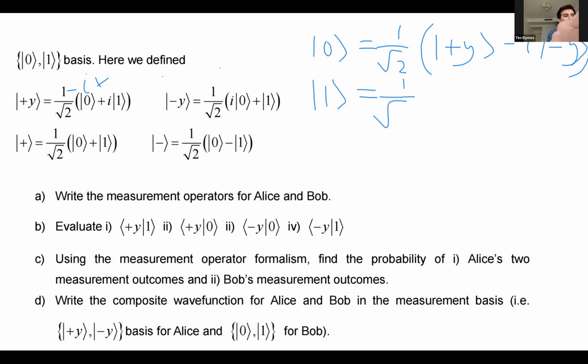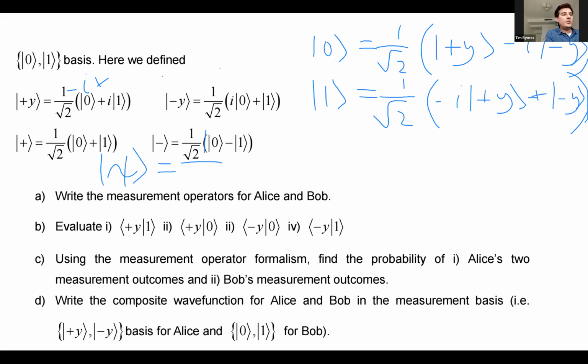And so we'll have minus i plus y plus minus i minus y. Okay, so now we've got the inverted relations. We can rewrite the state.